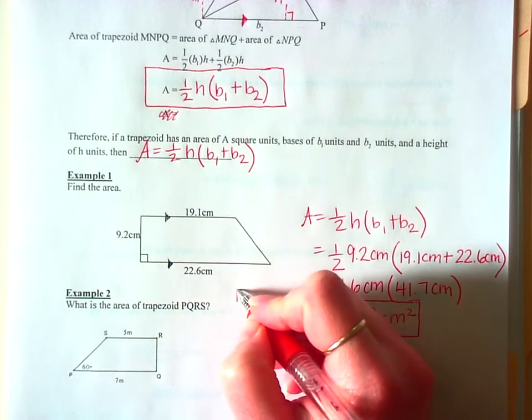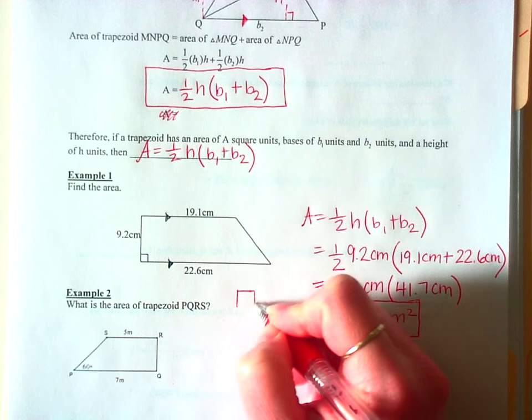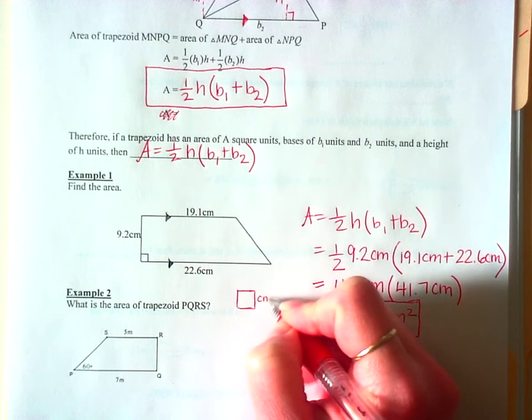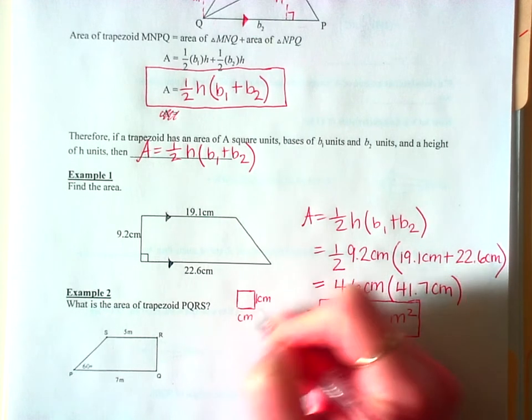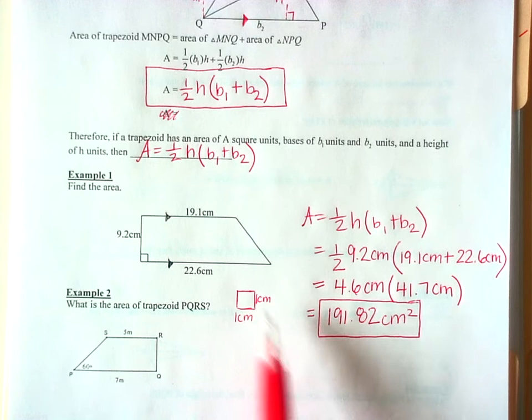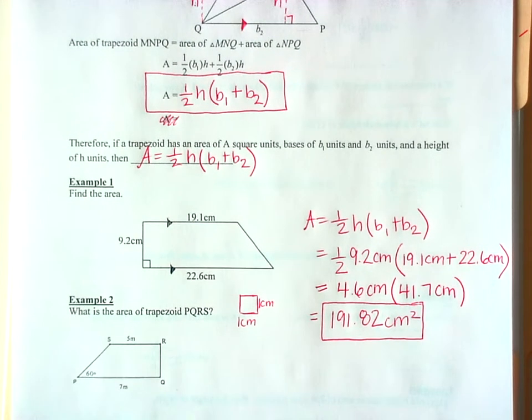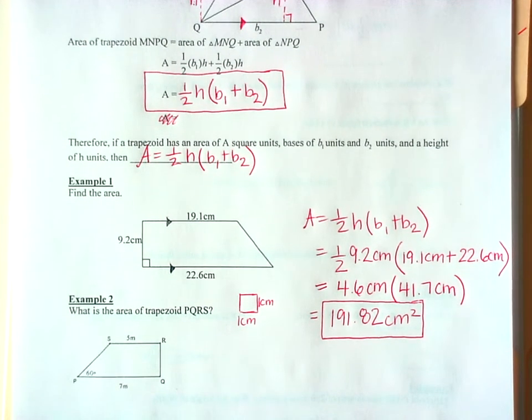So a square that is a centimeter by a centimeter, that is a square centimeter, or centimeters squared. So a lot of times with houses, they'll say, oh, this house is 1,000 square feet. That means on the floor of the house, you could fit 1,000 squares that were 1 foot by 1 foot. Okay?